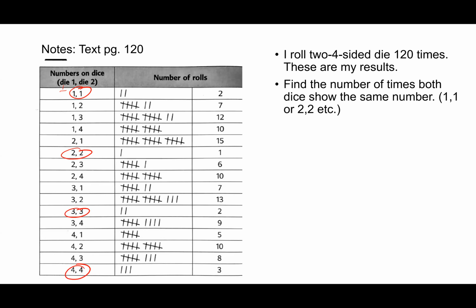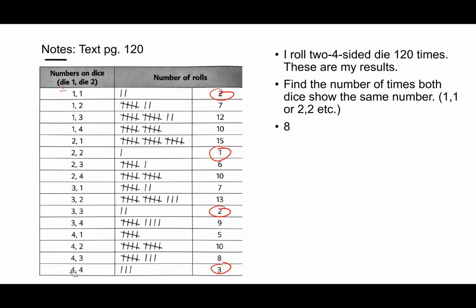How many times did that happen? Circle them. It happened 8 times. Great job. Now, 8 out of 120. Is there a high probability that I will roll doubles? Not really. No, that's not a very good chance.